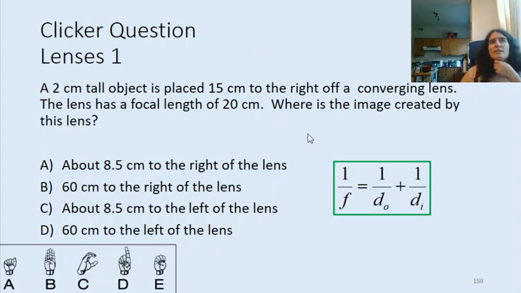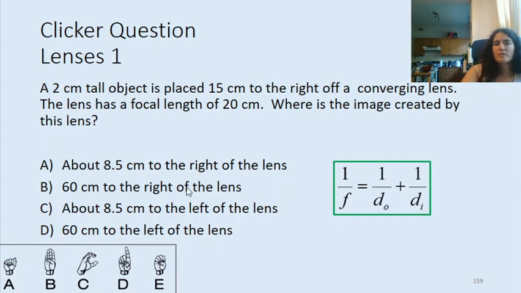Okay, so what does it mean to have a negative image distance? It means that my image and my object are on the same side of the lens. So it says that my object is to the right of the converging lens. So that means that I would get an image 60 centimeters to the right.